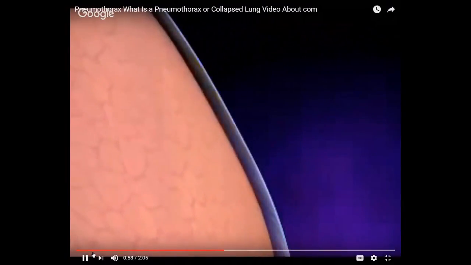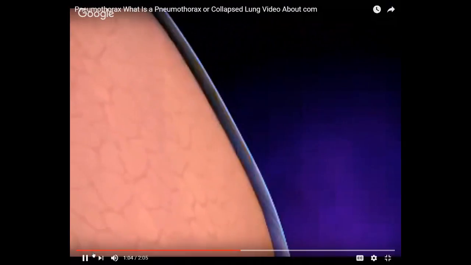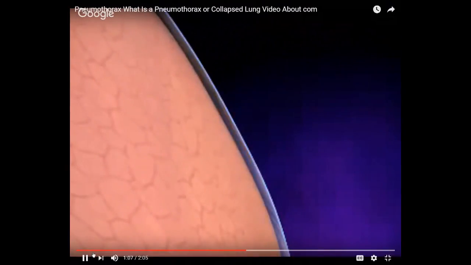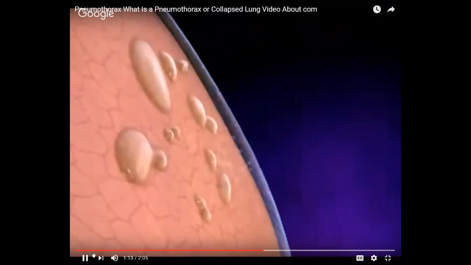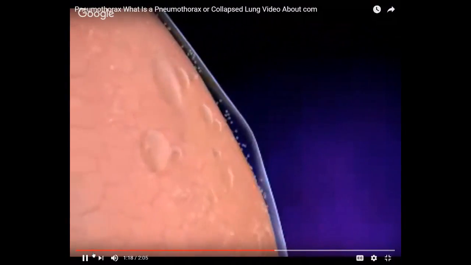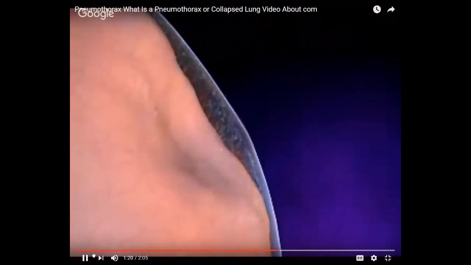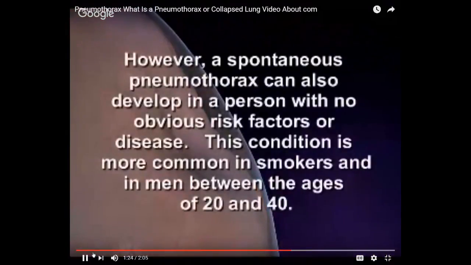A spontaneous pneumothorax occurs without injury as a result of certain lung diseases, such as asthma, emphysema, or COPD. Small air-filled sacs called blebs can form on the lungs. If the blebs rupture, they can release air into the pleural cavity. Pressure from the trapped air causes the lung to collapse. However, a spontaneous pneumothorax can also develop in a person with no obvious risk factors or disease.